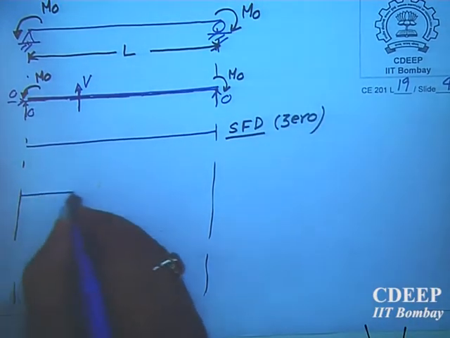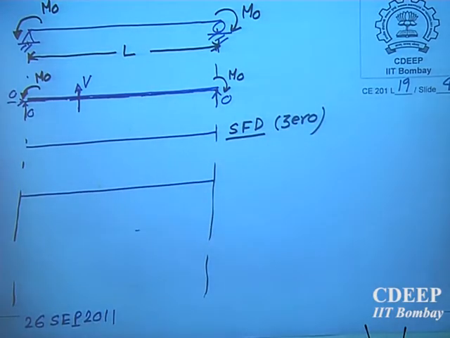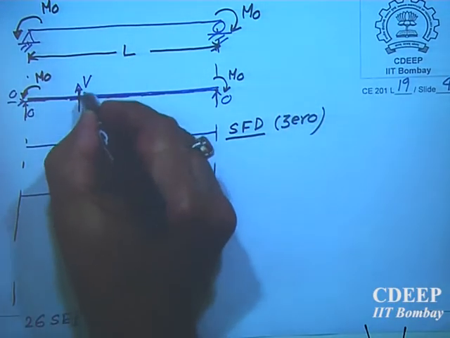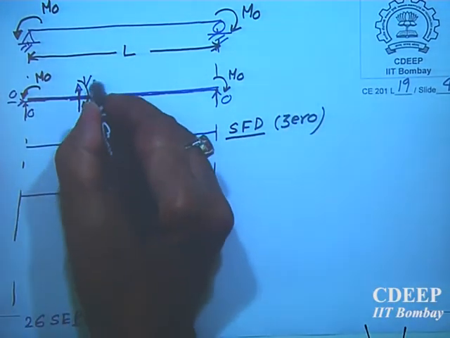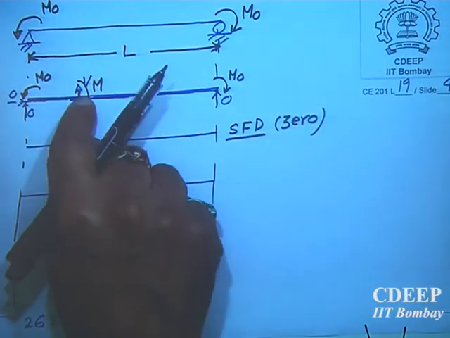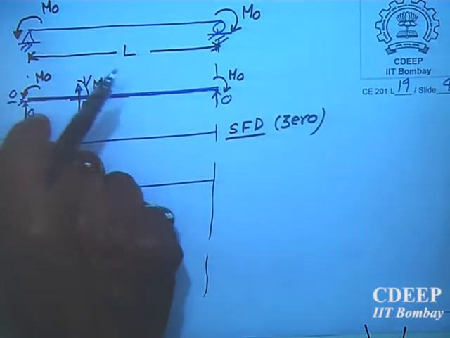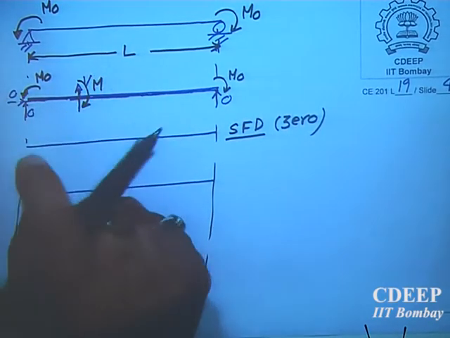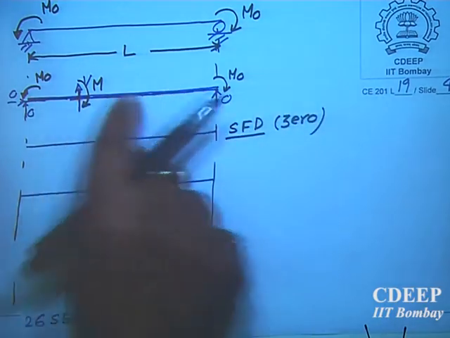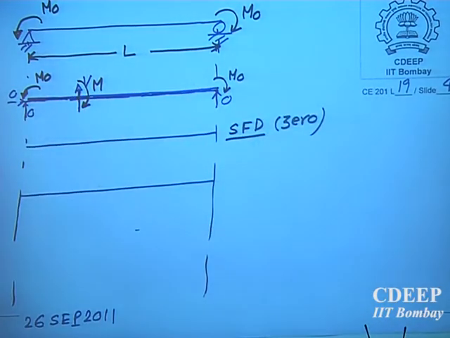What about BMD? Yes, at any cross section, I want my BMD here, M. If I take moment about this point, this moment must be equal to my left hand side free body, equal to M naught. So at any cross section, my moment remains M naught.